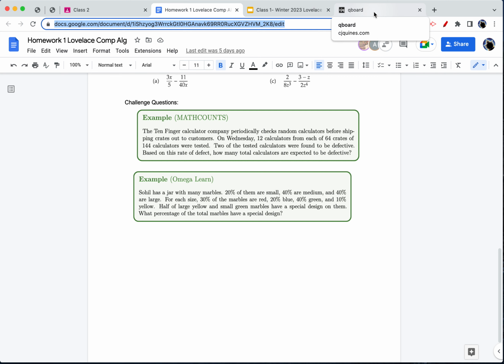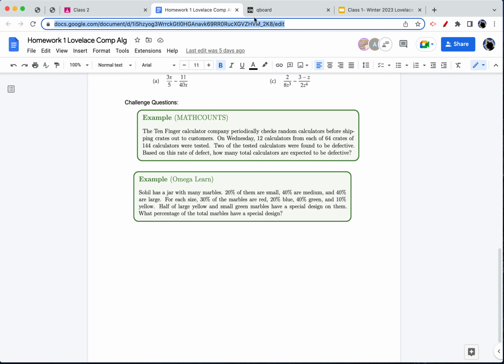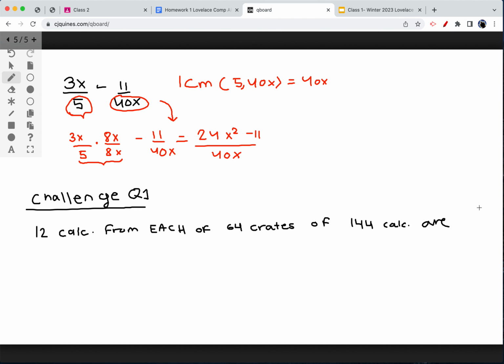So the information we're given is that 12 calculators from each of 64 crates of 144 calculators were tested.